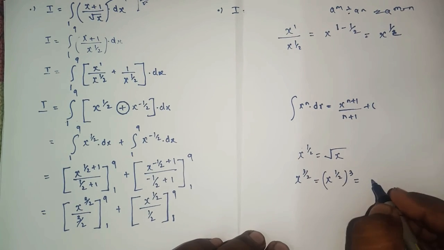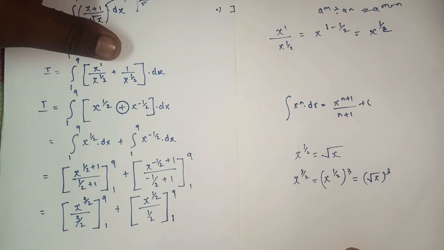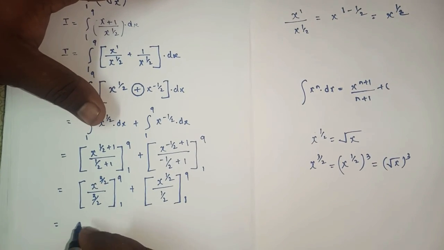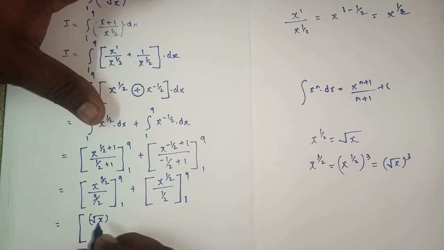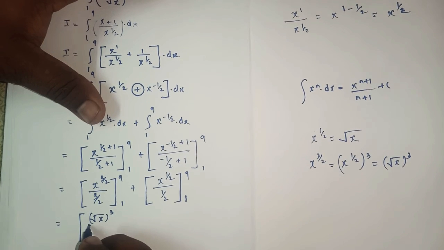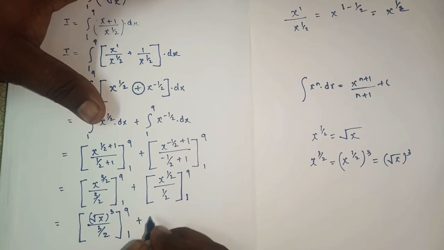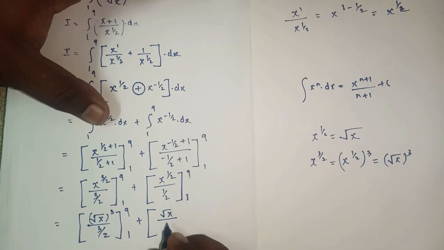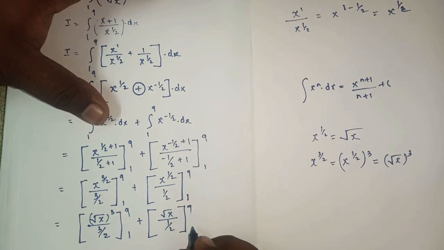And x raised to 1 by 2 is root x. Got the point? So this step I can write as root x the whole cube upon 3 by 2, yes or no. x raised to 1 by 2 we can write as root x. I hope you understood this step what I did here, yes or no.